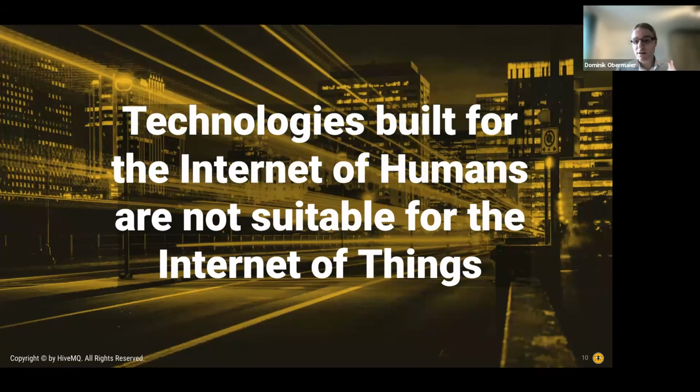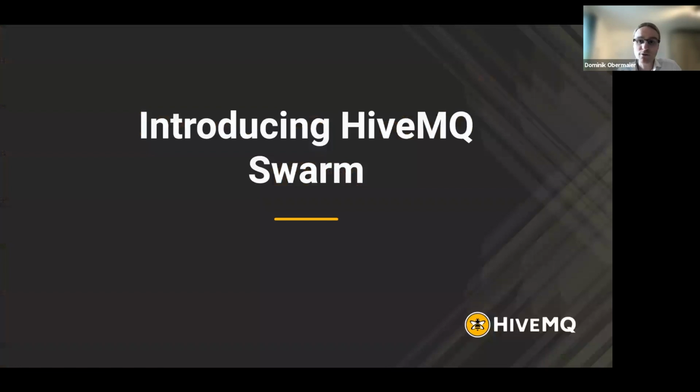But the problem is the testing tools we have today. There is JMeter, there is Gatling, and a lot of other testing tools out there. They are built for web applications, for web workloads, but not for IoT workloads. There's still a huge gap we saw in the market here, and this is also something a lot of our customers asked us to finally address.